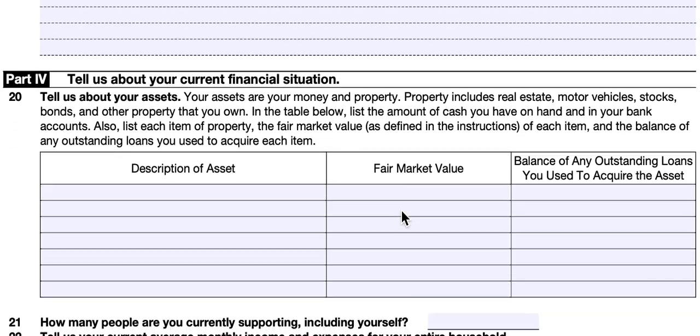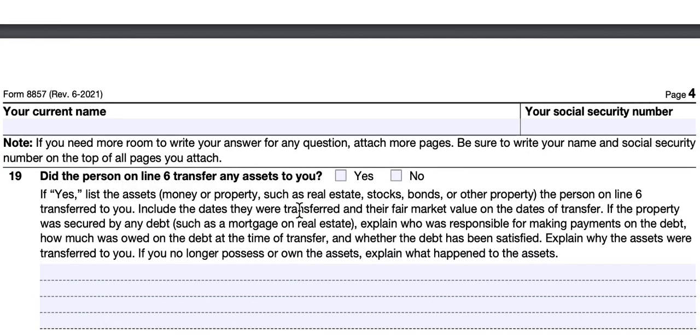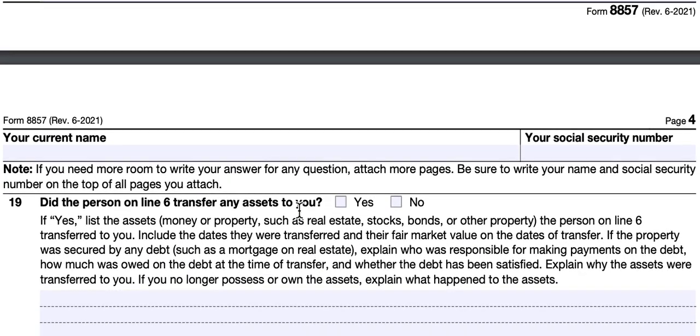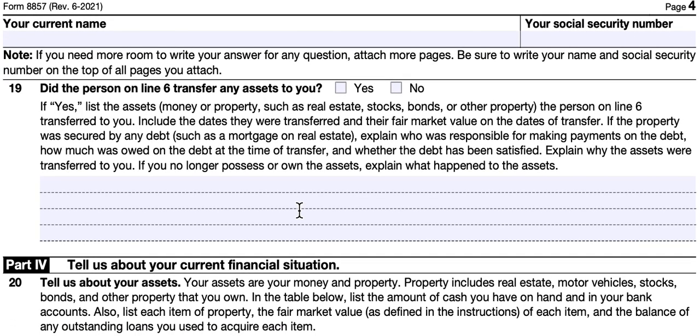In Part 4, you're going to give a little bit more detail about your specific current financial situation. So in line 19, you're talking about transfers of assets to you, and previous to that, in line 18, you're talking about your financial condition when you filed your tax returns.